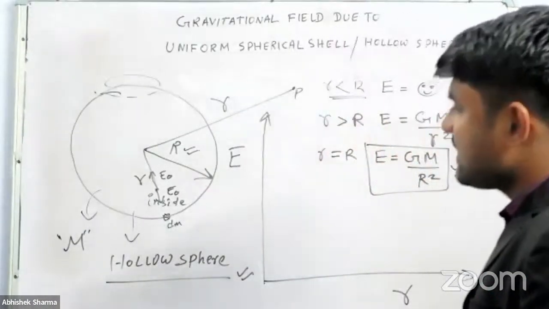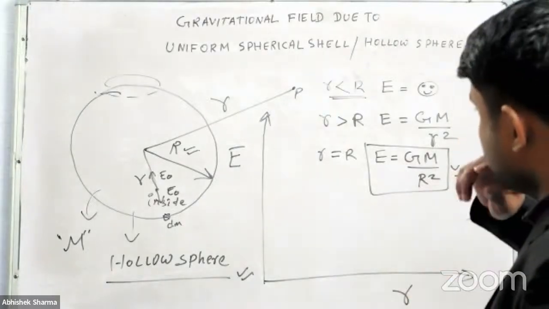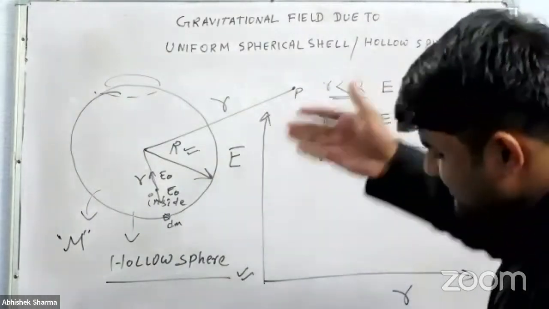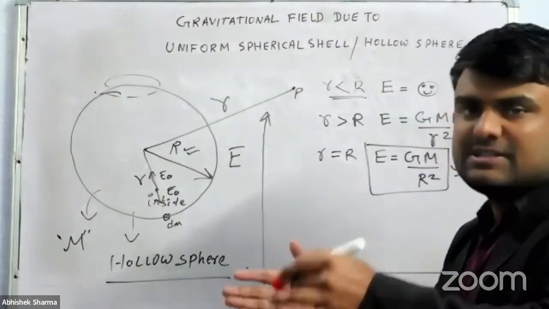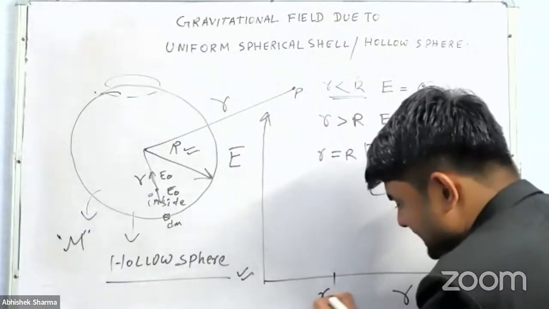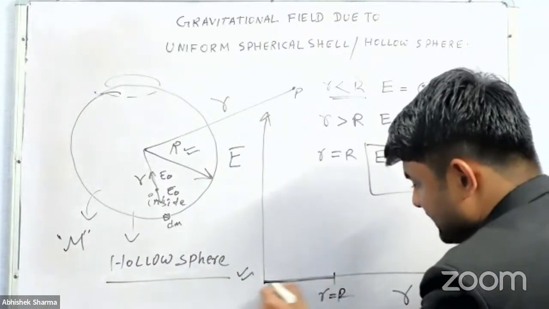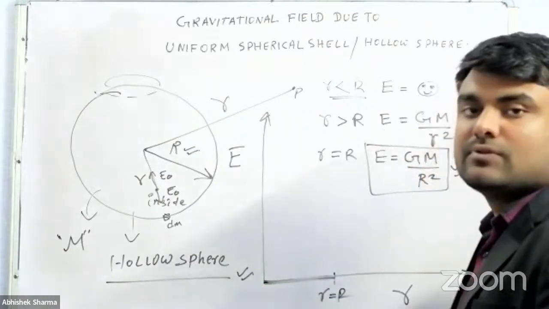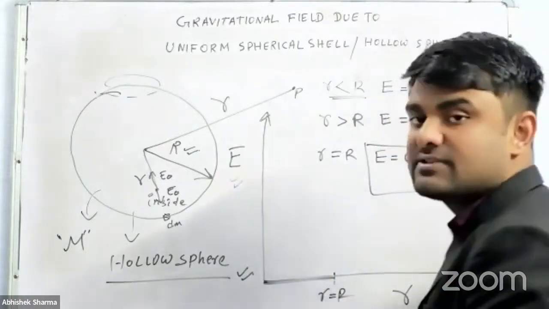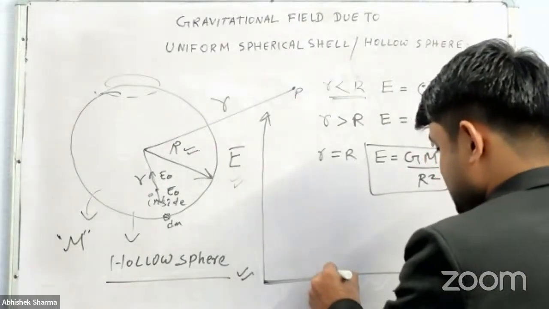So now let's check out the values. For r up to R, just below, the values are 0. So on the x-axis up to R, the gravitational field intensity is 0. The y coordinate is 0 because that y coordinate is for gravitational field intensity.